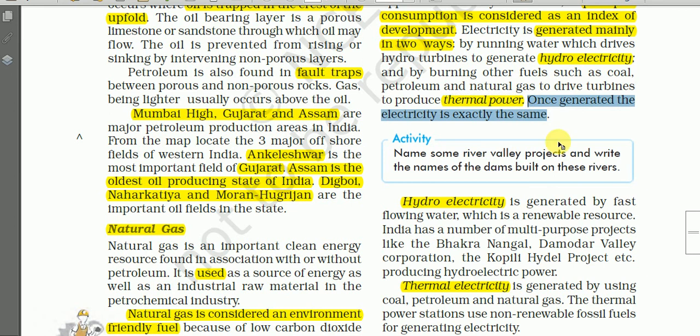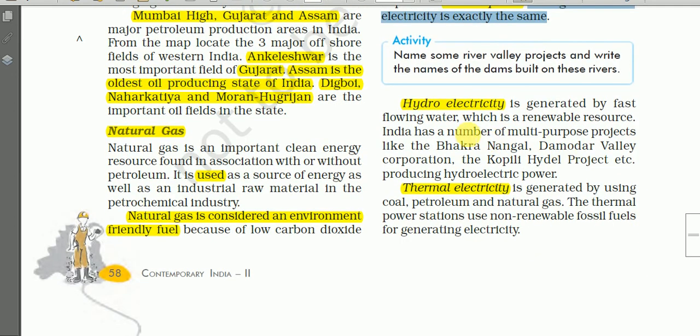See here. Hydroelectricity is generated by this fast flowing water, which is a renewable resource.